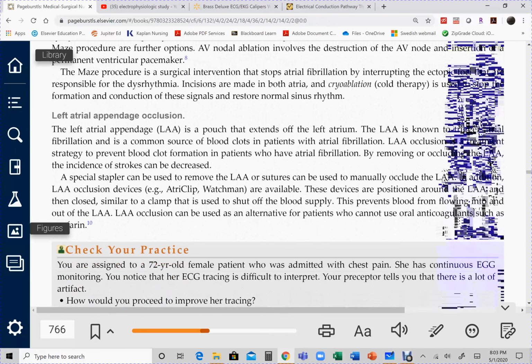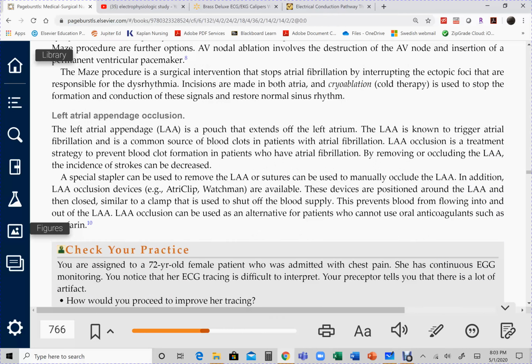You've probably seen commercials on Watchman. This is a surgical option. If a patient is high risk for anticoagulation, they'll put a device inside the left atrium. There's a small pocket on the left atrium which they've discovered is the site where blood clots usually form in people with Afib.